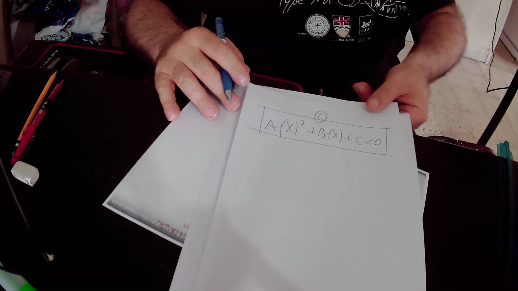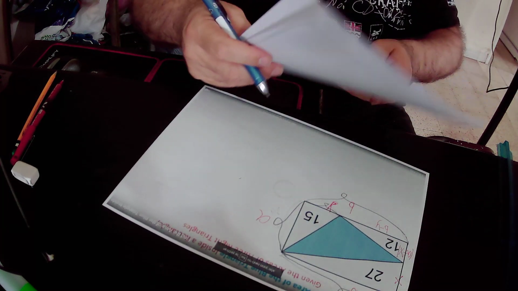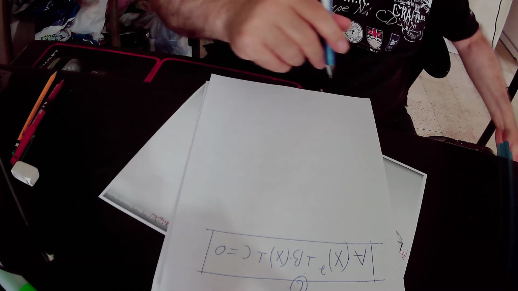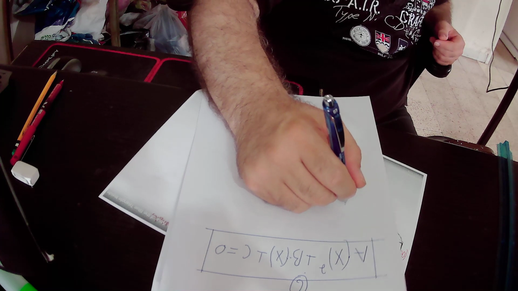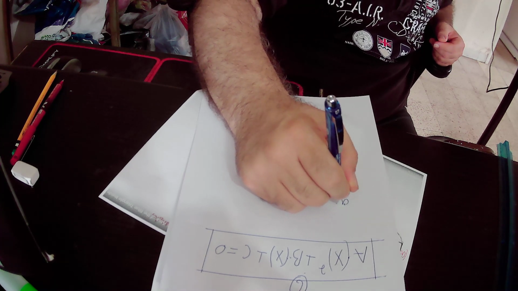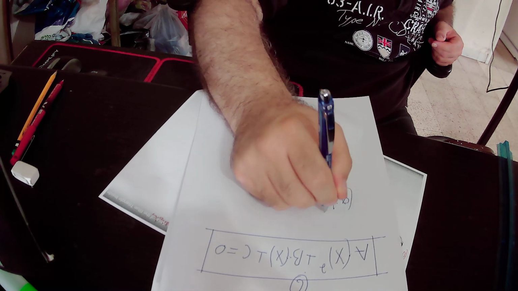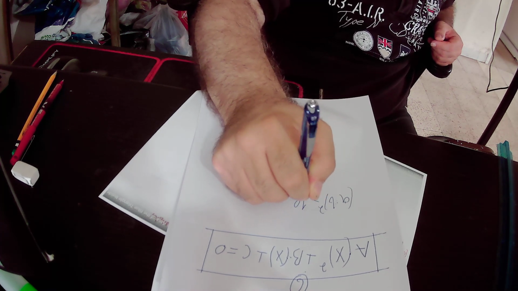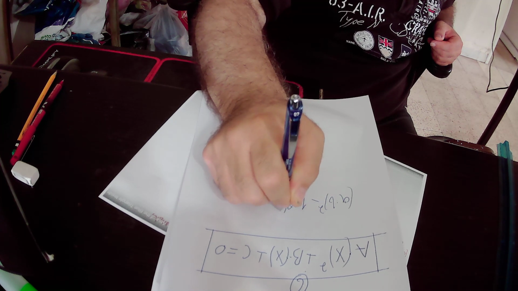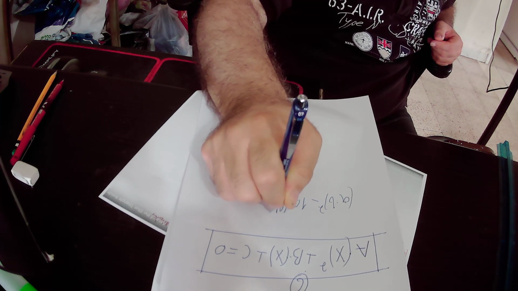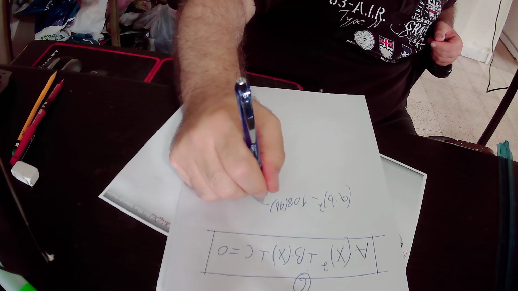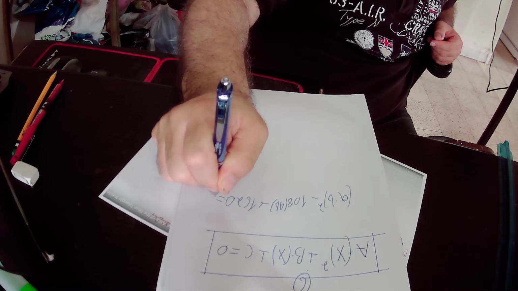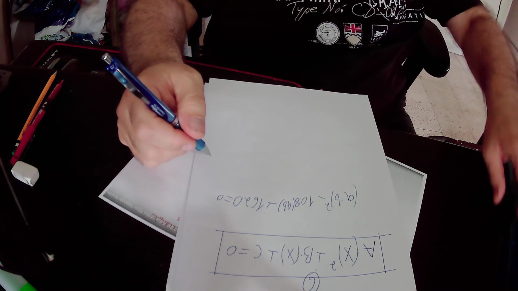So our specific quadratic equation is actually a times b squared minus 108 times ab plus 1620 equals 0.